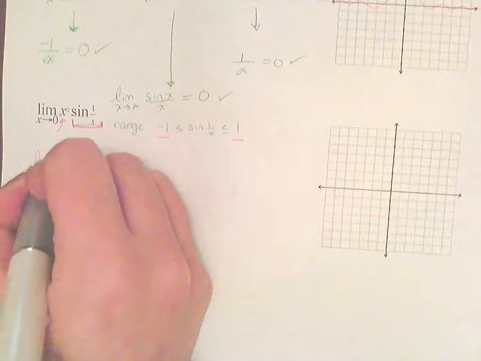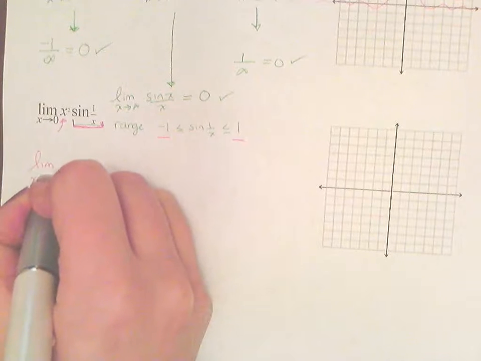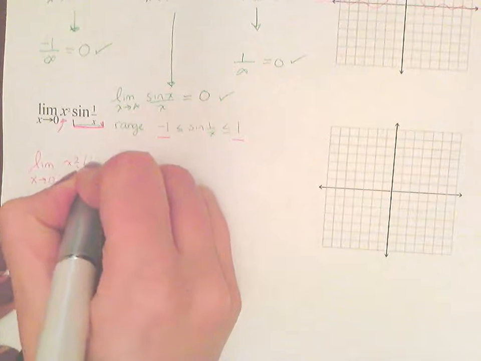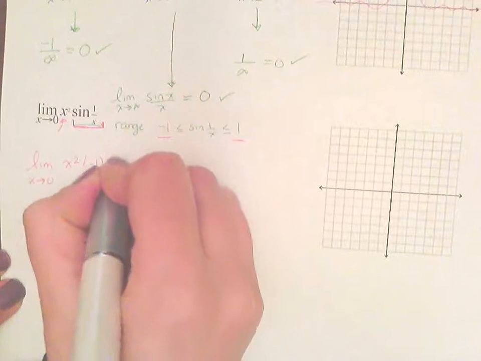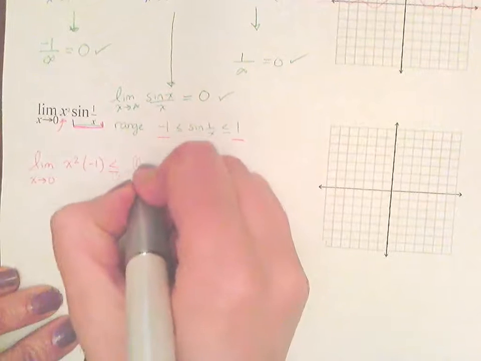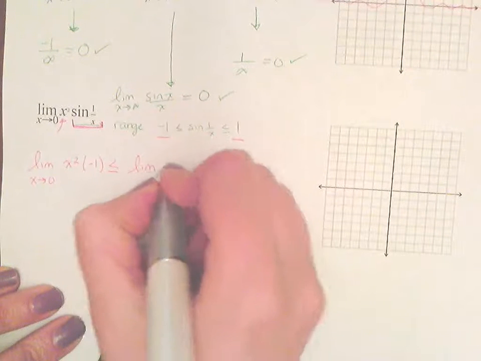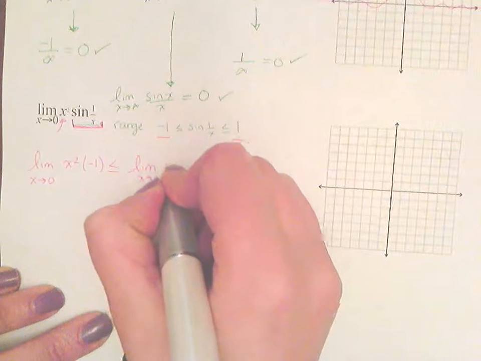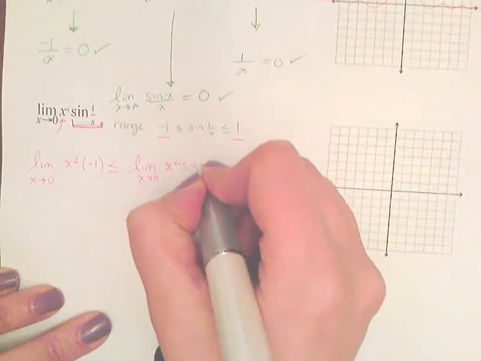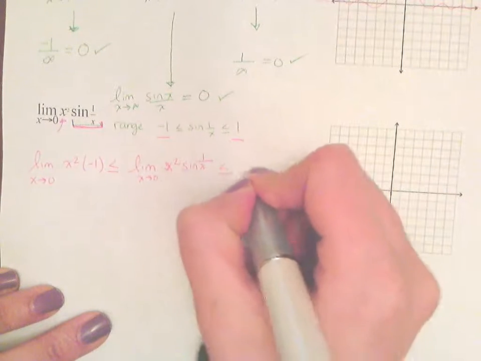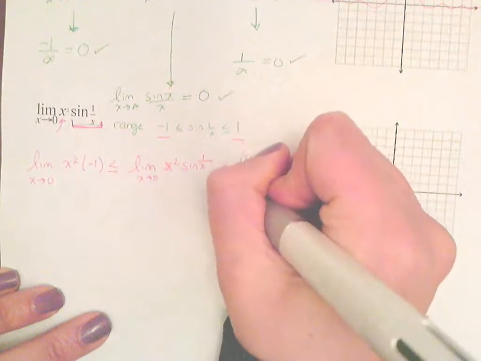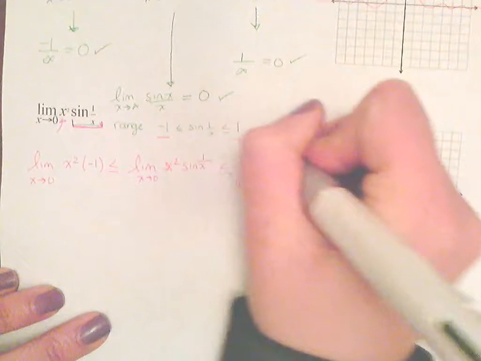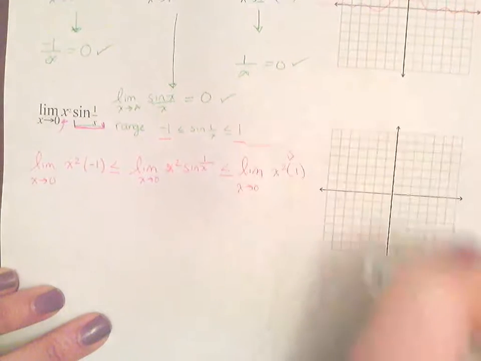So if the limit as x approaches 0 of x squared times negative 1 is less than or equal to, and I'm going to put my main function in here, x squared sine of 1 over x, and that is less than or equal to the limit as x approaches 0 of x squared times my outside interval, which is 1.